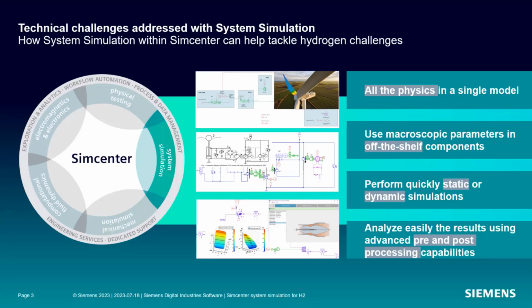And with this macroscopic parameters model, on top of the fact that you will need just a few parameters to run your models, the simulations are quite quick, especially if you compare it to CFD simulation, for instance, or 3D mechanical simulation. So you can perform a long scenario simulation in just a few seconds, or in the worst case, in a few minutes, and that helps to evaluate many scenarios, many design options very quickly.